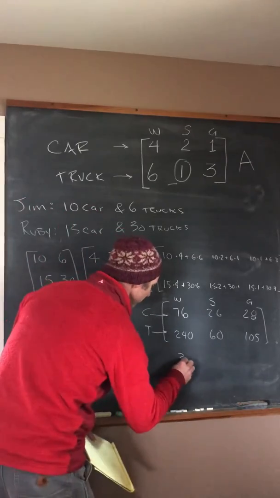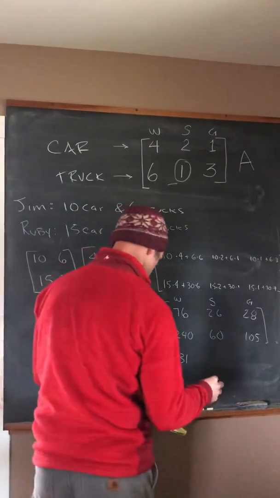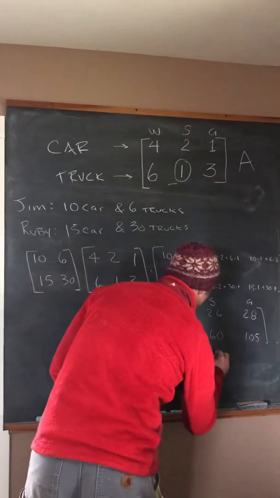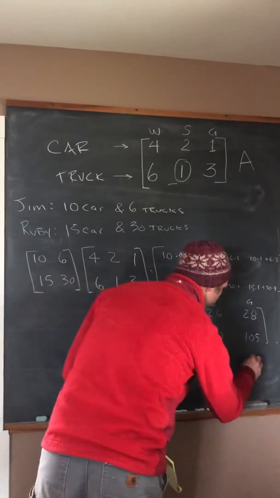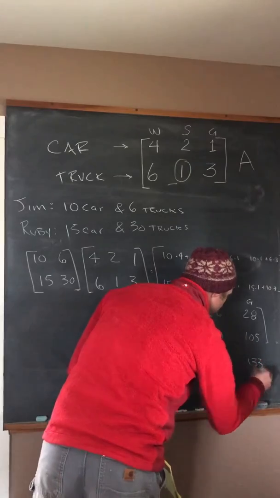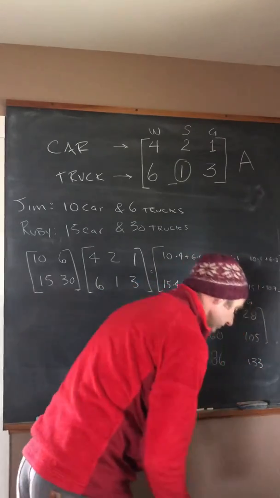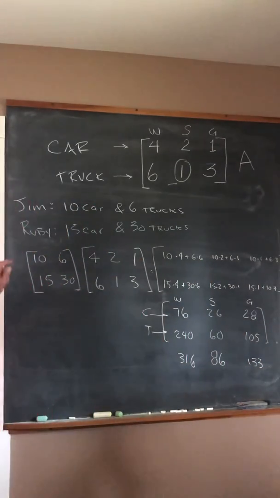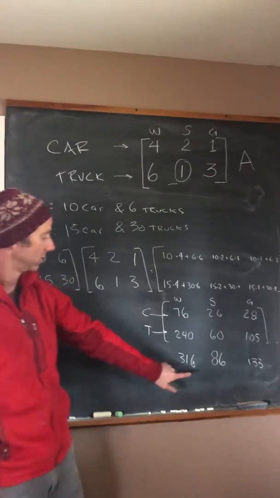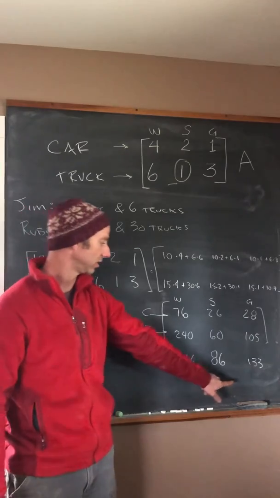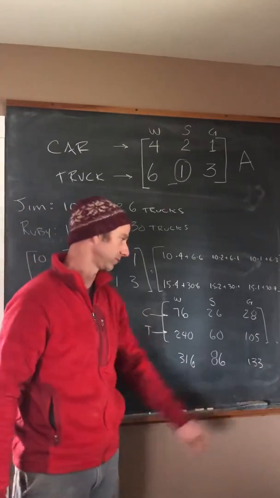In this case, 316, 86, and 133. So, for this order, I need a total of 316 wheels, 86 seats, and 133 fuel tanks.